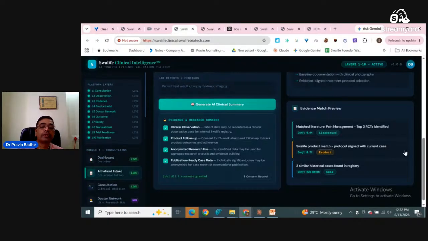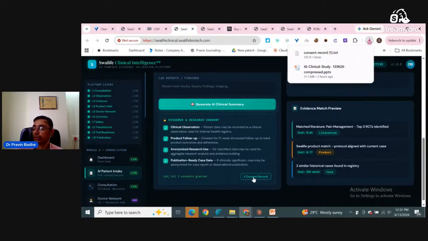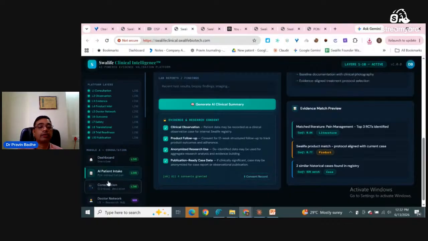So it moves further into evidence and research, consent is taken and the consent is recorded, and then we move further into the consultation and the doctor's network.